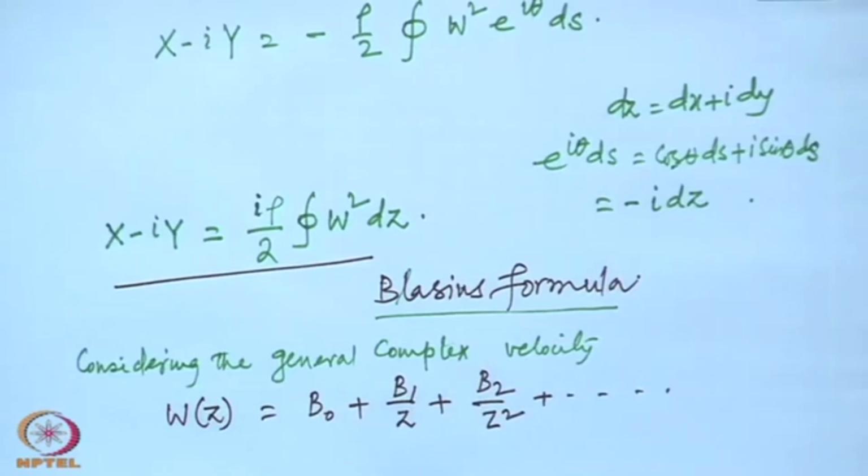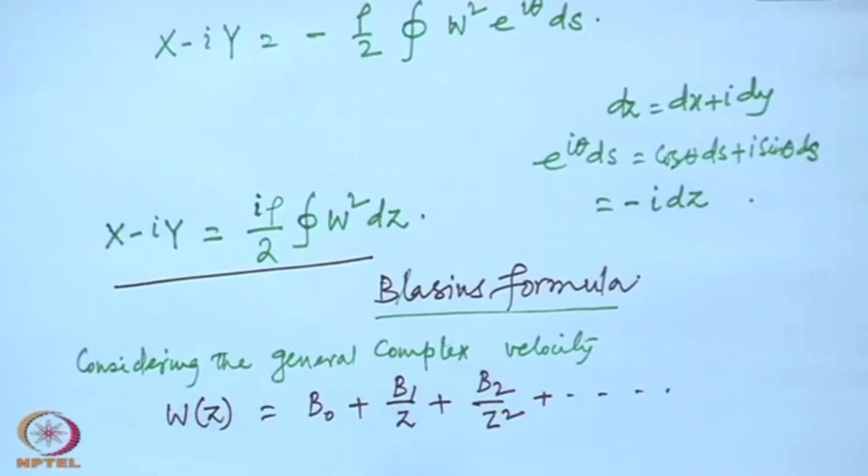But first of all, look whether this function has any singularity at z equal to 0. So, z equal to 0 is a singularity, and we are interested only in an integral over a closed contour, and z equal to 0 is within that contour, or the origin is within that body.